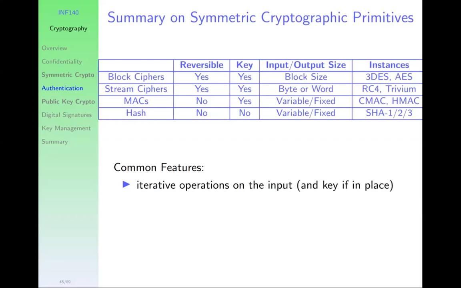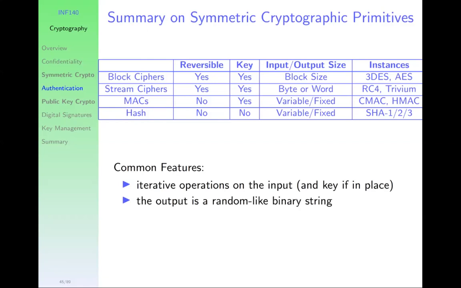And for message authentication codes, because we only need to compare the tag of a message, there's no need for the MAC to be reversible. And we need secret information shared between the sender and the receiver. This is the only way to assure the recipient that this message was sent from a certain party, not from other parties.